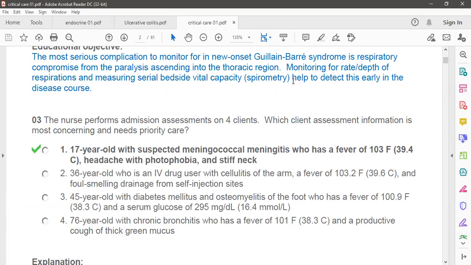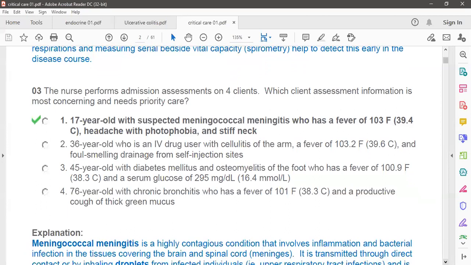Because Guillain-Barre is an autoimmune attack of the peripheral nerve sheath and it can cause ascending paralysis. Monitor the rate and depth of respiration and measure the bedside vital capacity, like spirometry, to see the lungs' vital capacity, right? To detect any problem in my patient.